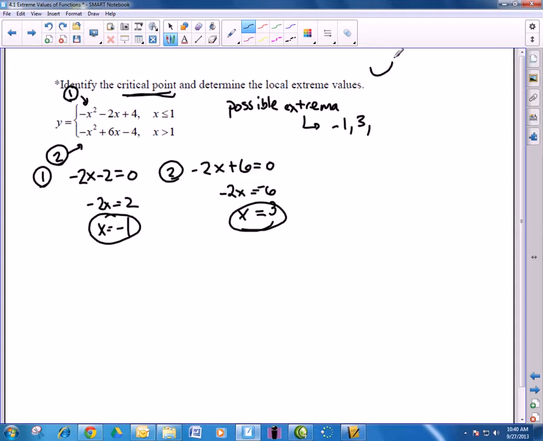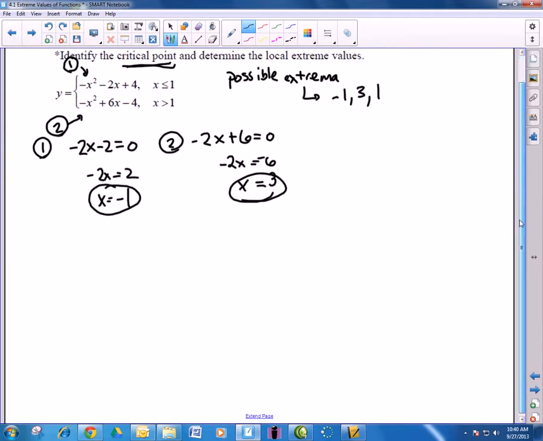Because it could be like this, and then this one meets up like this, and then this point right here is a maximum. But if we don't include it as a possible extrema, then we'll never know. So another extrema is going to have to be 1. We have to include that because it's like an endpoint. It's where this one ends and this one begins. So technically it's an endpoint, a possible extrema. So look at both critical points and endpoints as possible extrema.